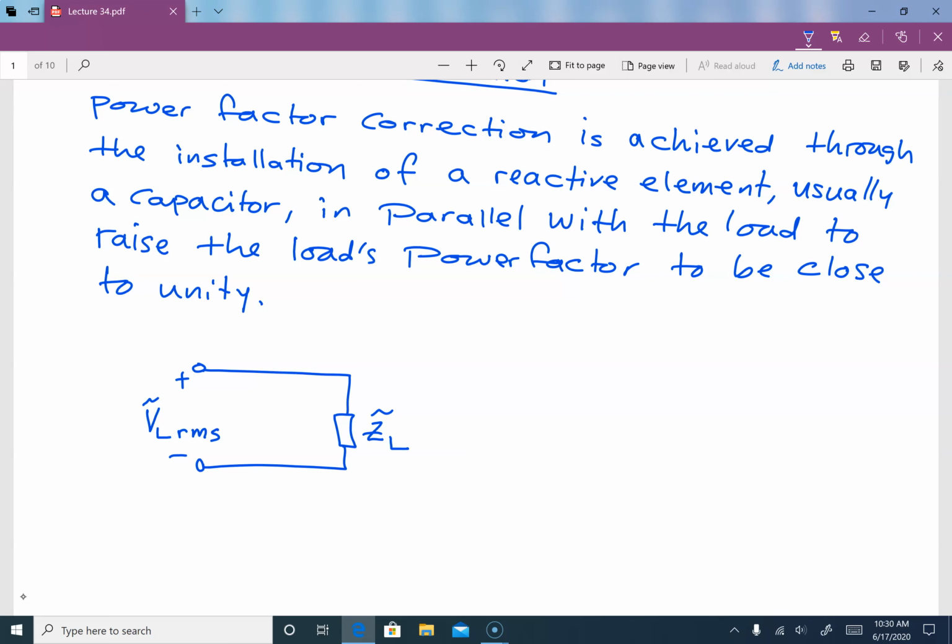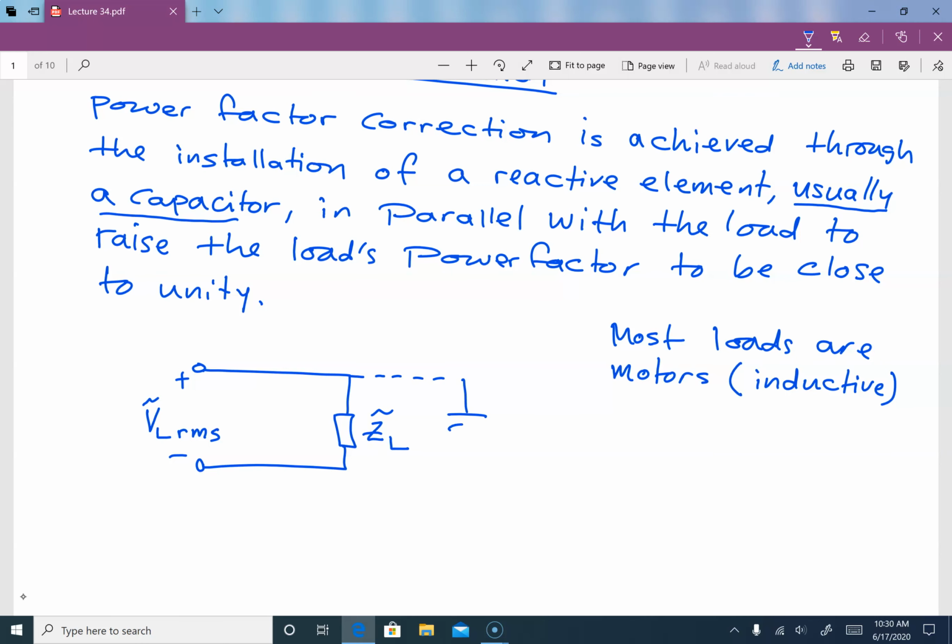The idea is that usually a capacitor, because most loads are motors, which means inductive. So the inductive, we need capacitive to cancel it out. So we will connect a capacitor in parallel with that load.